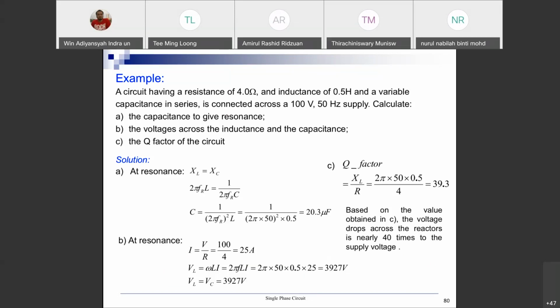This is why they call it resonance, right? So you can find C here. Okay, and this is the quality factor.